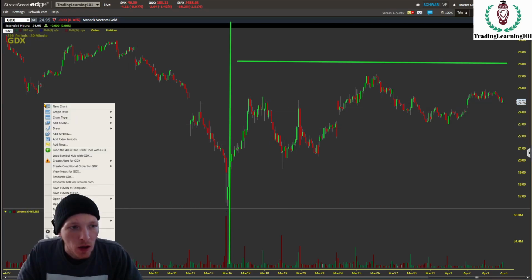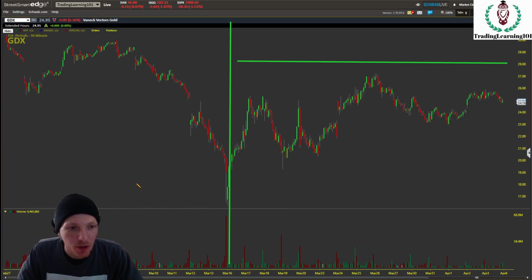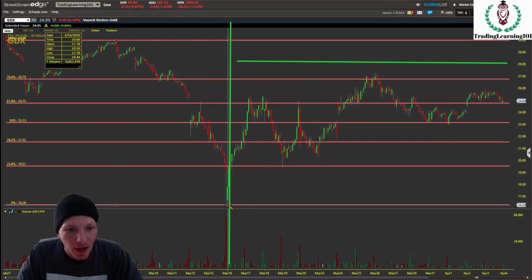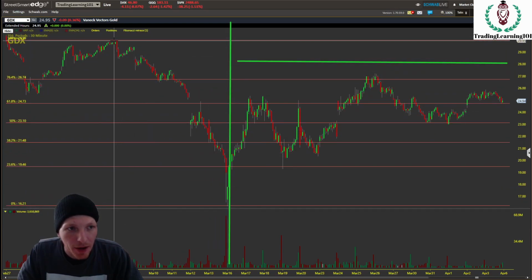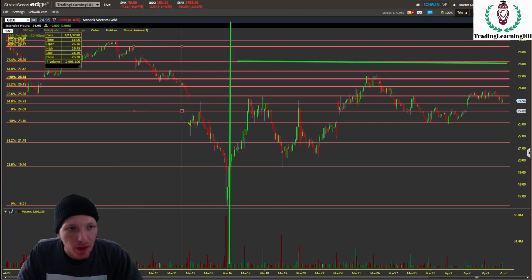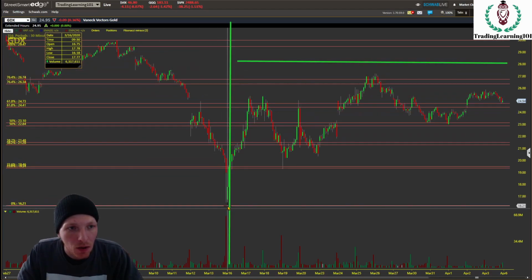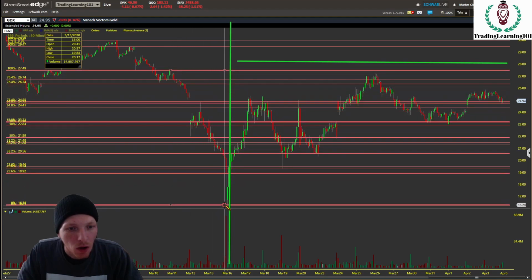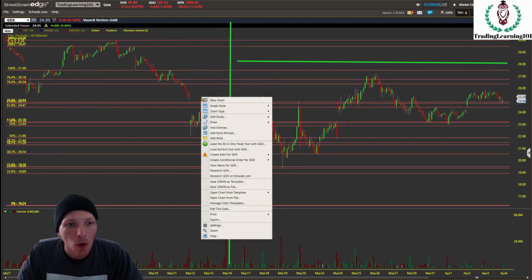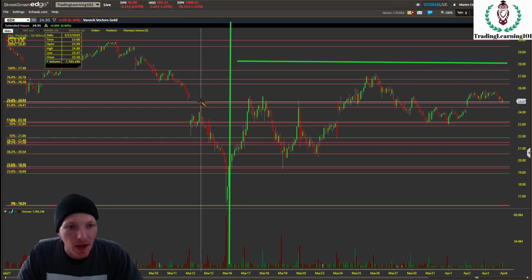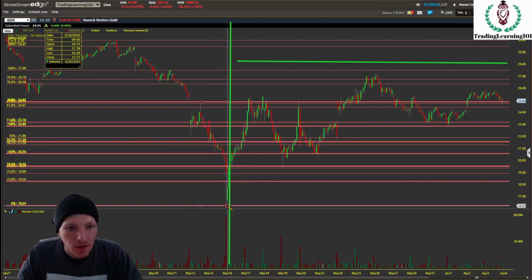We go ahead, we get out our Fibonacci retracement, and we're going to measure from the highs all the way down to this low. Starting from there, move to the next high right there, all the way down to the low. From this high all the way down to the low, and then one more. We're going to draw from this high down to the low.